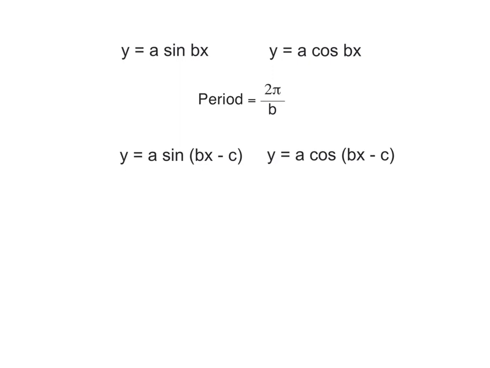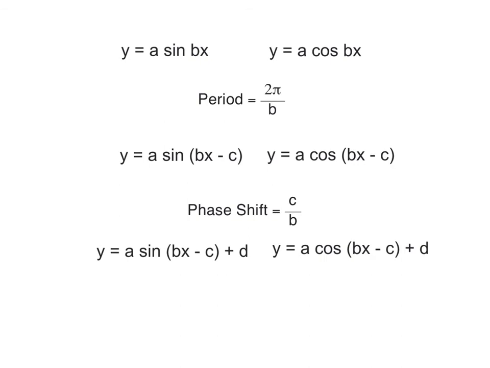Well, this introduces phase shift, which means the graph is shifted either to the right or to the left. The phase shift is equal to c over b. Whatever the value of c divided by whatever the value of b, that will determine your phase shift.